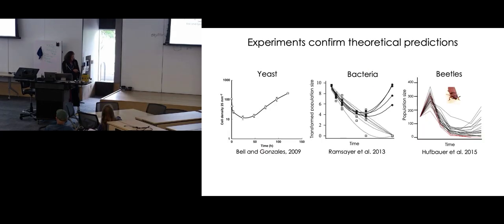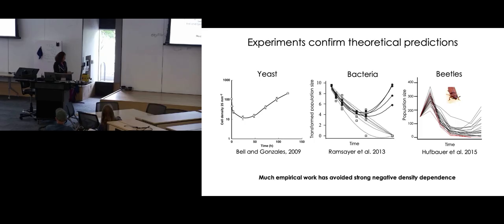So these experiments and others like them have shown that evolutionary rescue can happen. But one thing that has been true of most of these is that the experimental design has been such that strong negative density dependence isn't part of the situation.